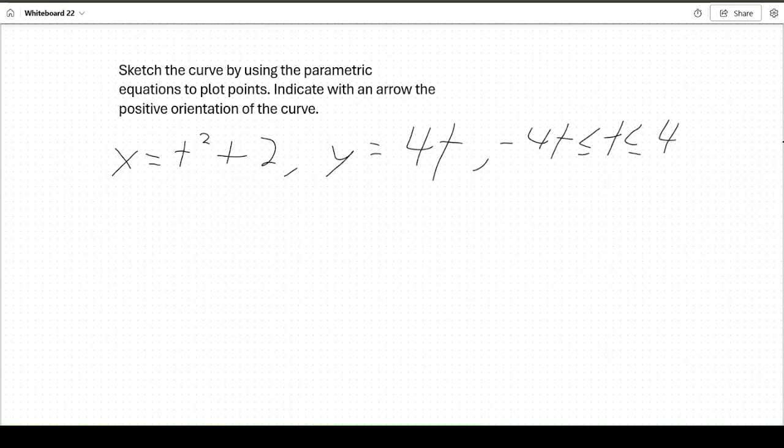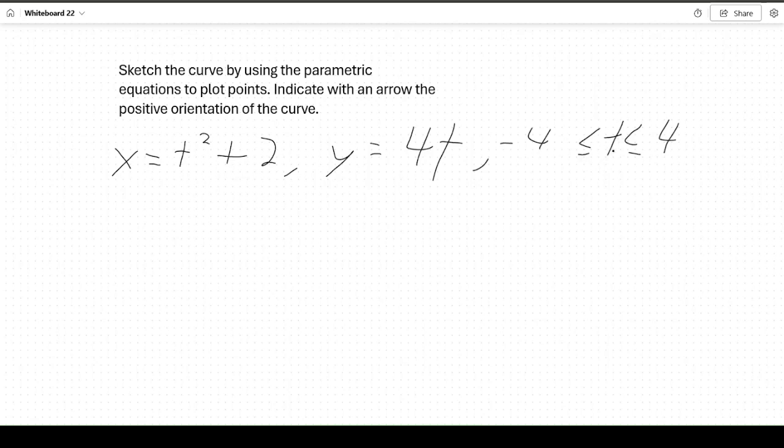It says sketch the curve by using the parametric equations to plot points. Indicate with an arrow the positive orientation of the curve. As you can see here, you got two functions, the x function and your y function, and you got your values over right here. These are like the endpoints, because they are in terms of t.